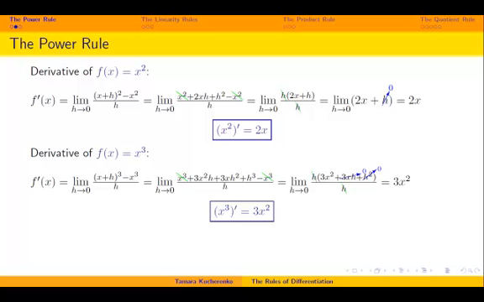If we try to compute the derivative of x to the fourth, we would have to expand x plus h to the fourth and simplify. Otherwise, the computations are very similar. We would get that x to the fourth prime equals 4 times x cubed.